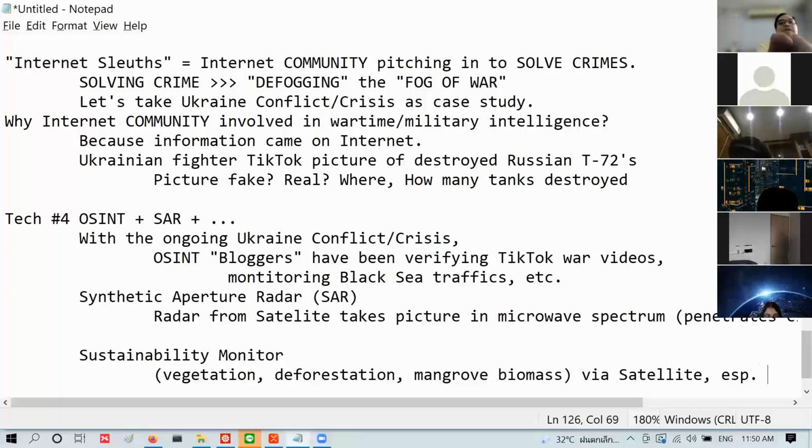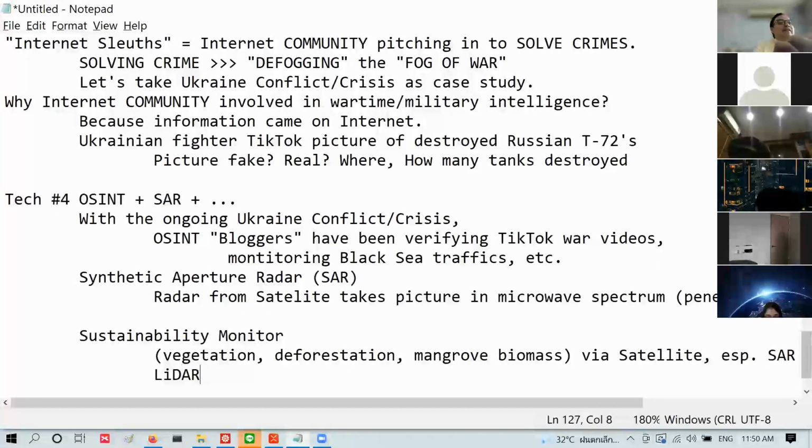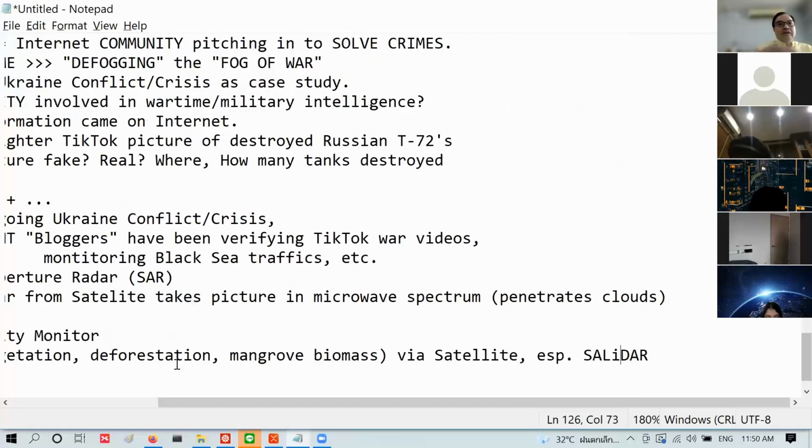especially SAR. There's also this thing called LiDAR, but LiDAR is a bit more local. LiDAR is where you take a drone, so that's sort of from a drone. So I put that: SAR, or drone LiDAR.